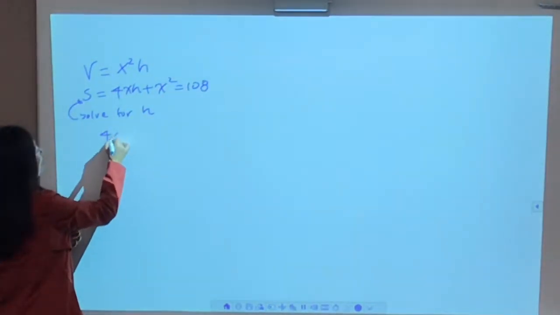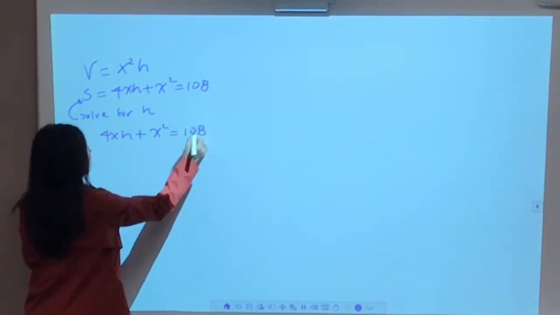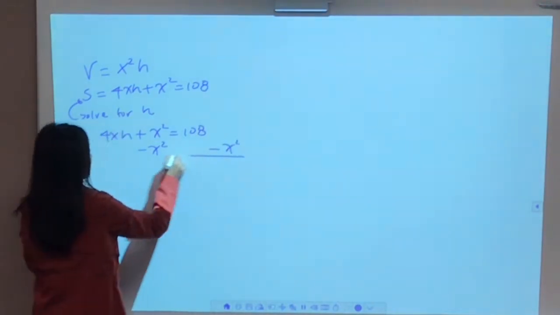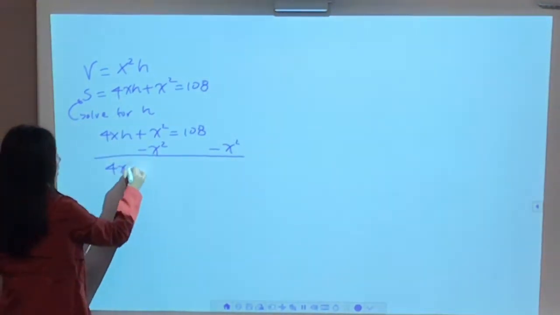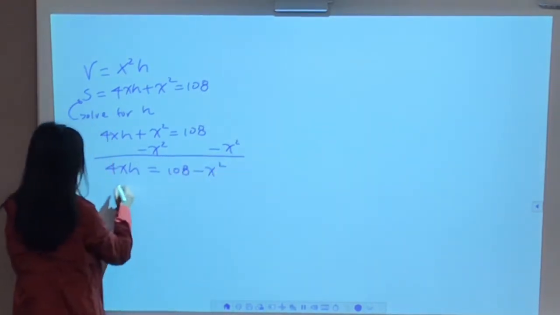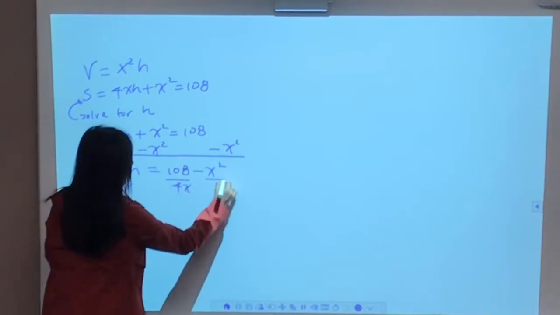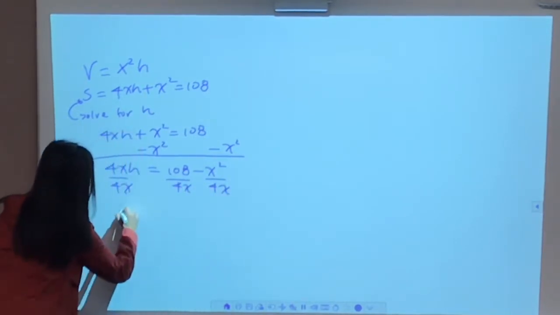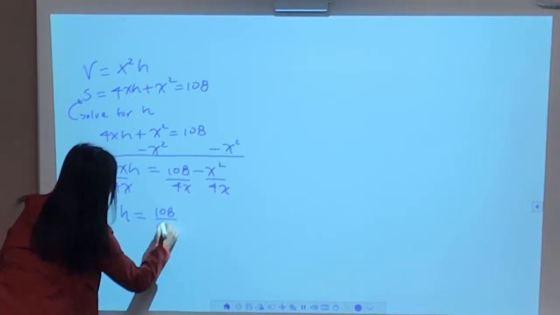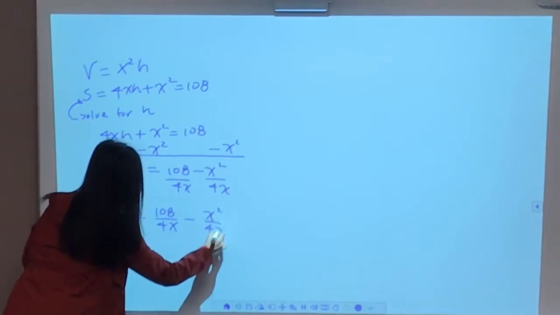We have 4xh plus x squared equal to 108, so 4xh equals 108 minus x squared. Now divide by 4x. So h is equal to what? 108 divided by 4x, minus x squared over 4x.